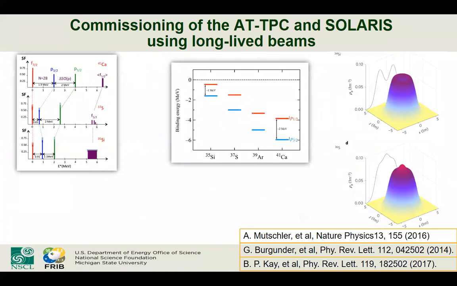So during the transition period from NSCL to FRIB, there are some opportunities with long-lived beams. So we plan to carry out some measurements during this transition period. Here I show you there has been some debate about whether there is a proton density depletion in silicon, or whether it will result in a change of the spin-orbit splitting.